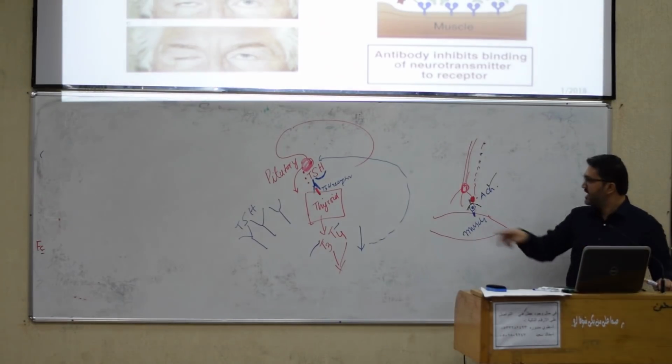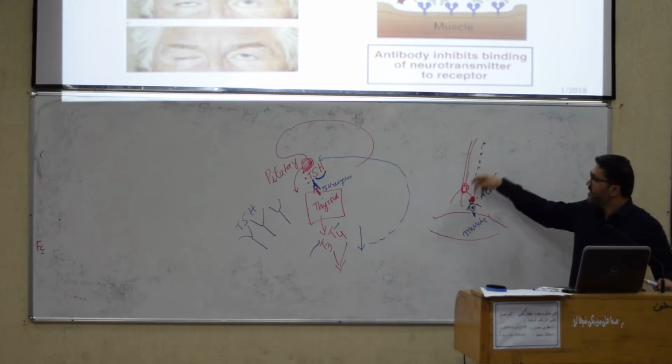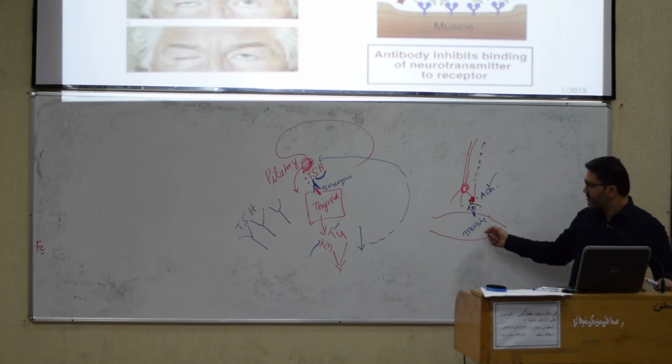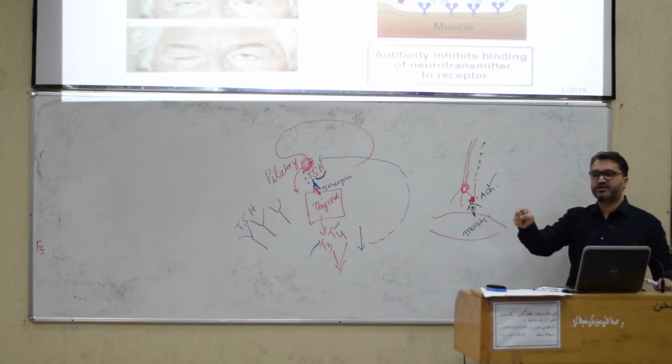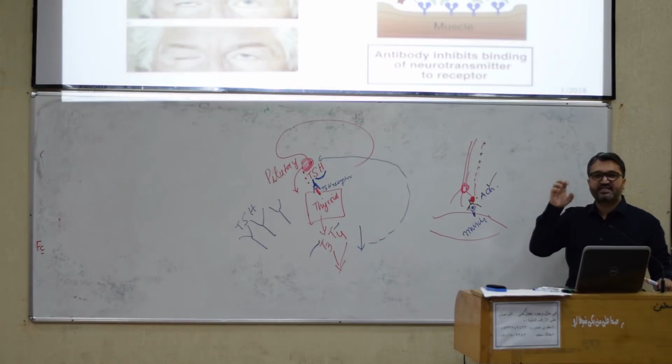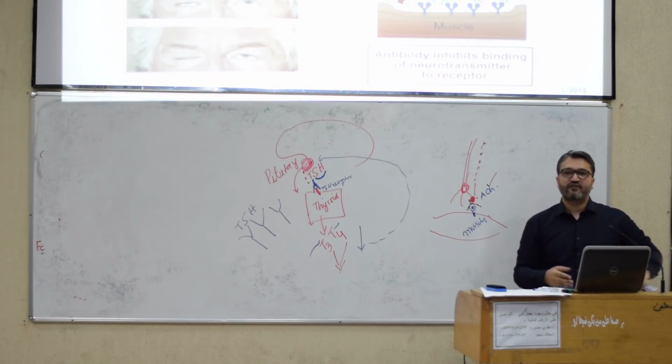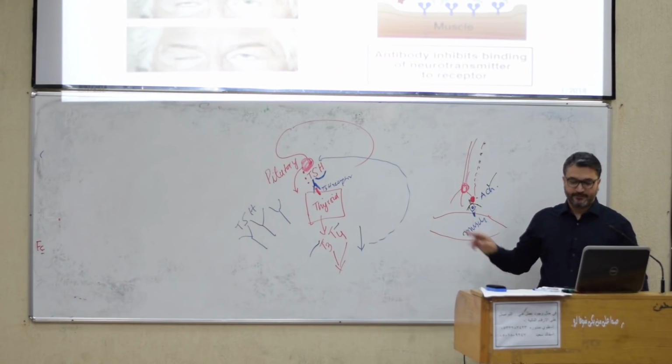But in this disease, the antibody has blocked the receptor, the impulse is not going further, and the muscle is not told to contract. As a result, it becomes flaccid and weak, and the eyelid drops. This is the situation of myasthenia gravis as a result of antibody against the receptor.